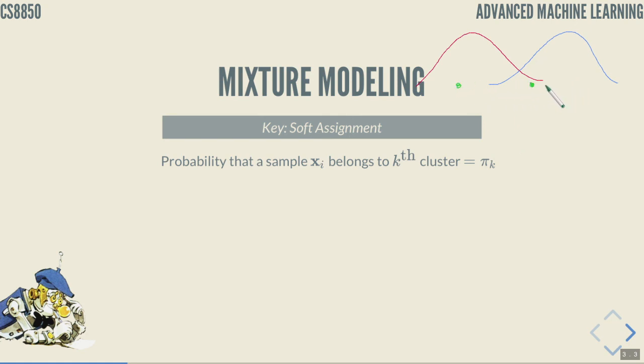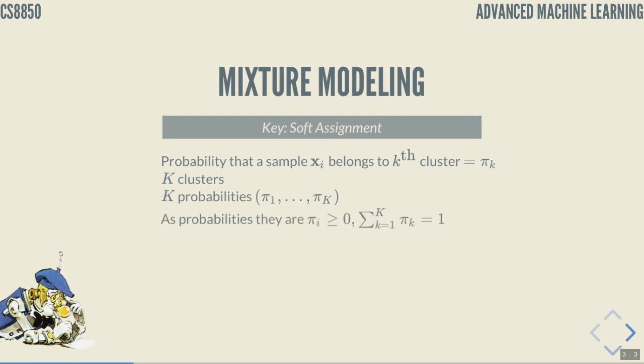So there is a certain probability of all of these three samples to belong to each of the Gaussians, right? Or clusters, right? This sample has some probability of belonging to this group and has some probability of belonging to that group. And that probability is this weight factor pi k. K clusters, k probabilities. As probabilities, they are positive and sum to 1. That is the convex combination that I mentioned before.